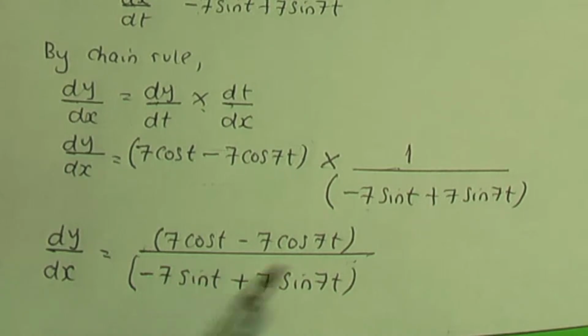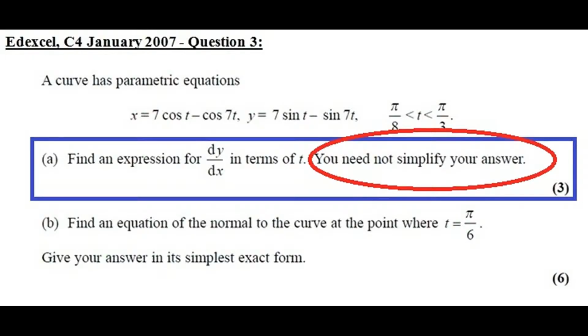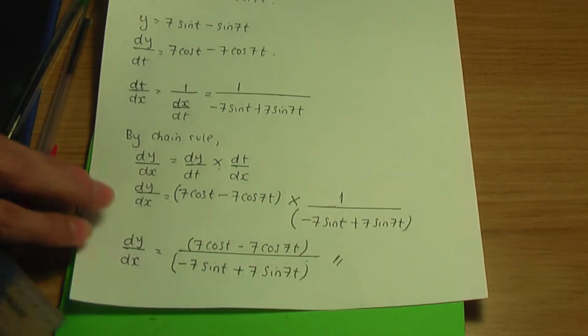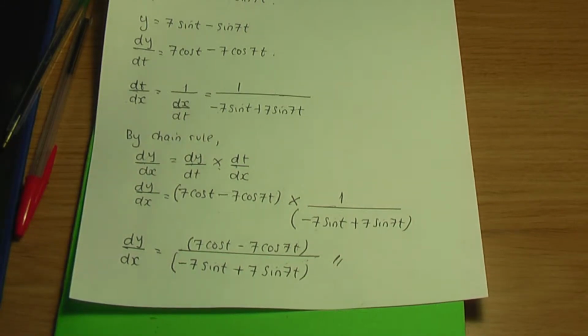If we go back to the question quickly, the question did say we need not simplify the answer. So let's leave our solution like this. So that is the solution for dy over dx.